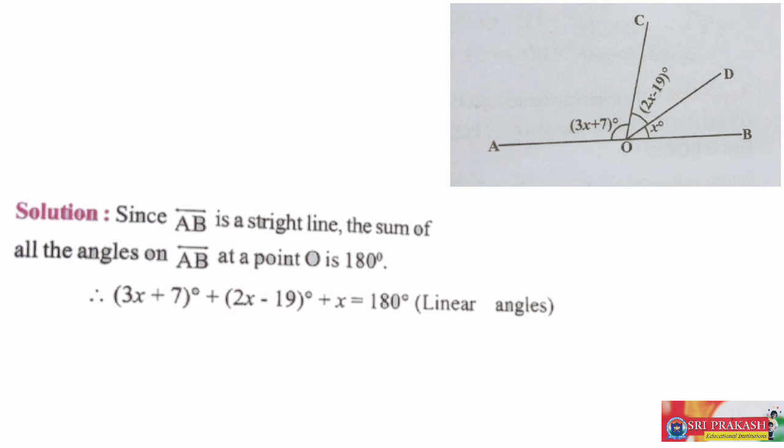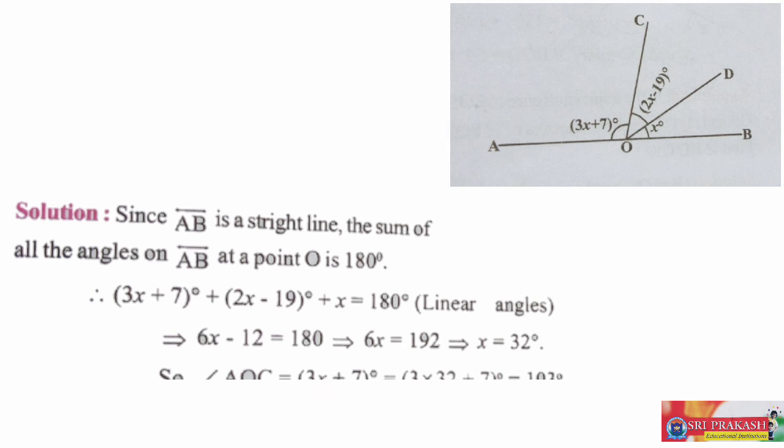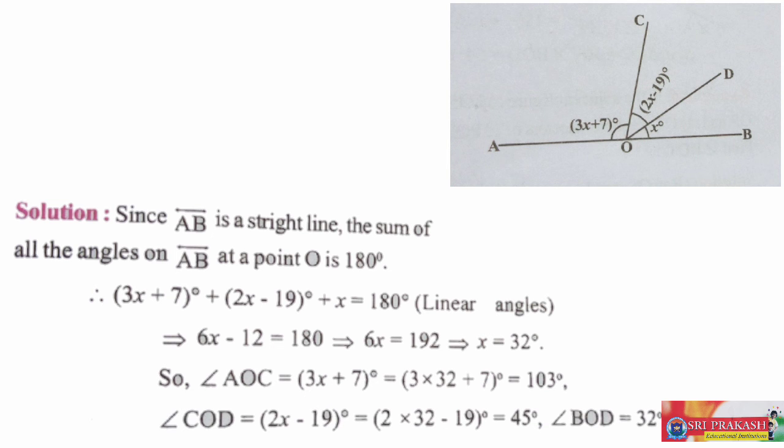So let us add them. 3x plus 7 degrees, 2x minus 19 degrees plus x equals 180 degrees. Solving, 6x minus 12 equals 180 degrees, 6x equals 192, so x equals 32 degrees. So angle AOC equals 3x plus 7 degrees, which is 3 into 32 plus 7, 103 degrees. Angle COD by solving is 45 degrees and angle BOD equals 32 degrees.